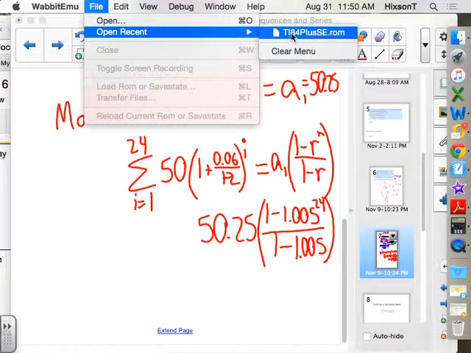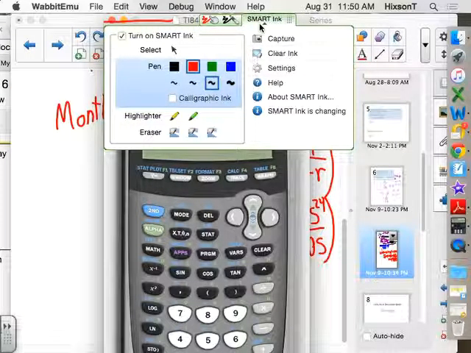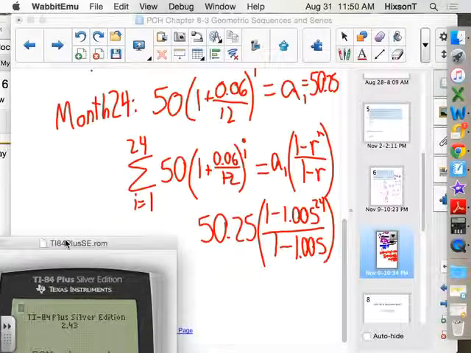How did I find A sub 1? A sub 1, all I did was, it was this last term, okay?